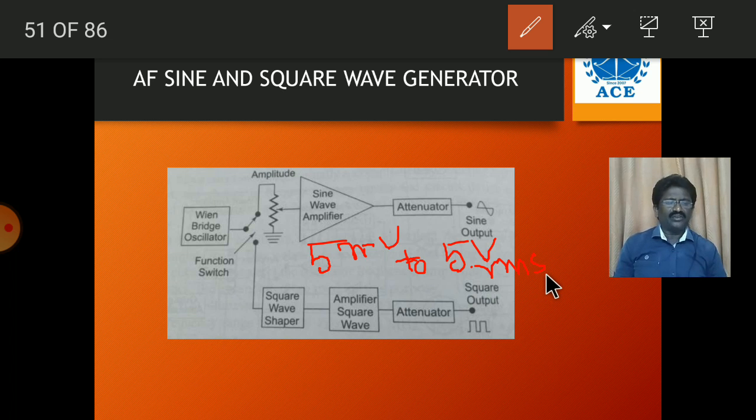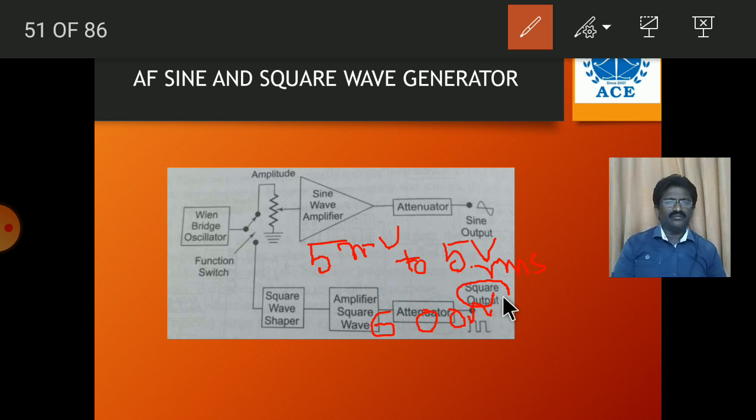The output is taken to the push-pull amplifier. Here, at the stage of the attenuators, you can observe the push-pull amplifier. For low output, the impedance is 600 ohms.